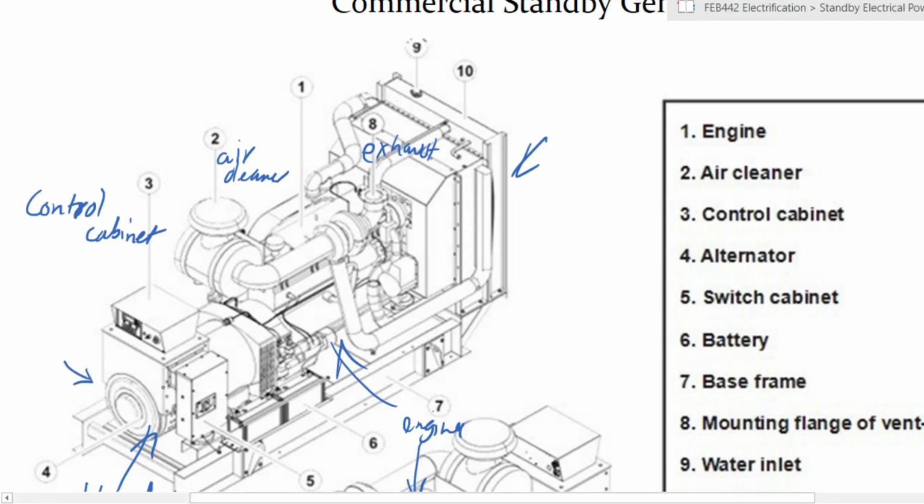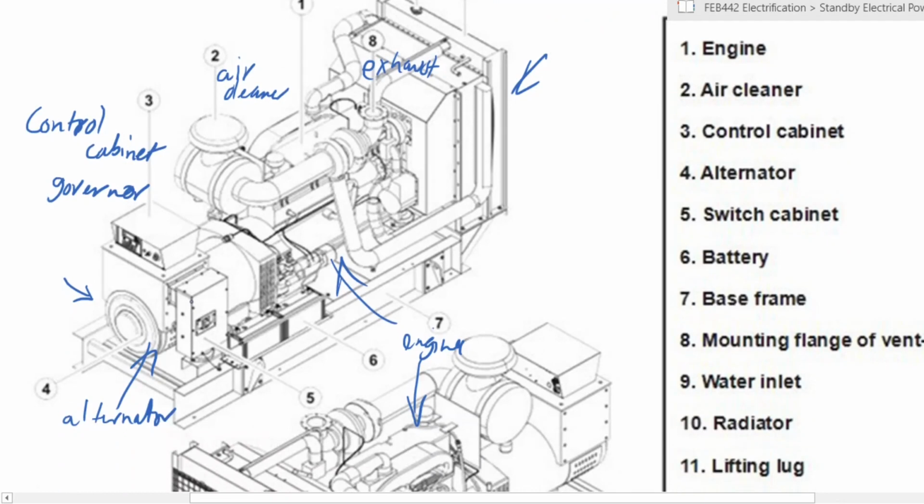So that is done through the control cabinet, which has a governor that controls the operation of the generator. The work of the governor is to regulate the amount of fuel that is provided to the diesel generator, and by extension, it also varies the amount of power that is generated from the alternator.